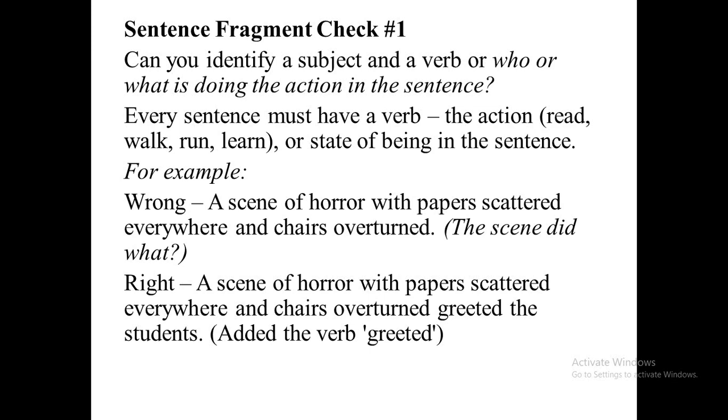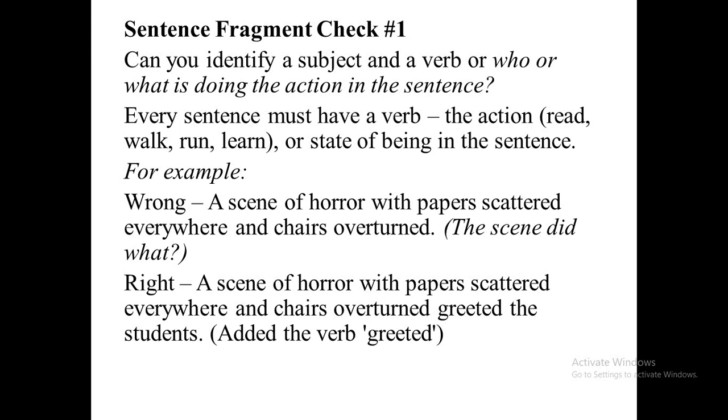Now we have to look at sentence fragment check number 1. Can you identify a subject and a verb, or who or what is doing the action in the sentence? There are some examples we have to look at. Every sentence must have a verb, the action or state of being in the sentence.